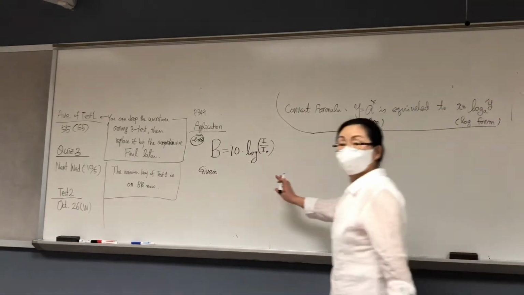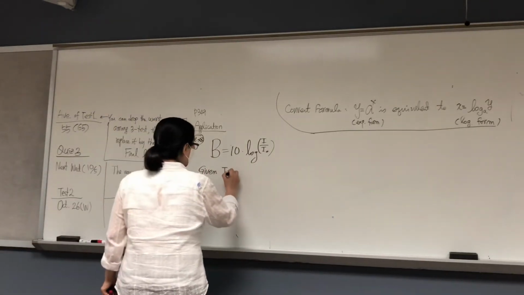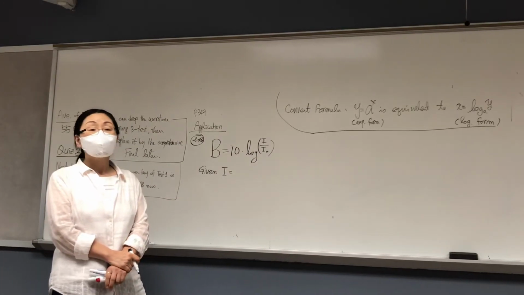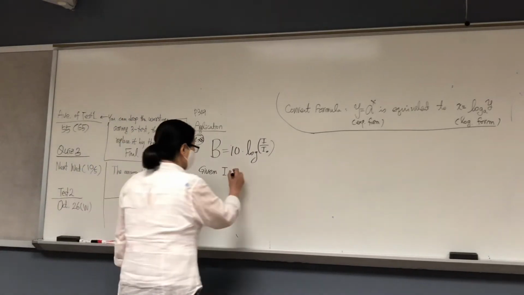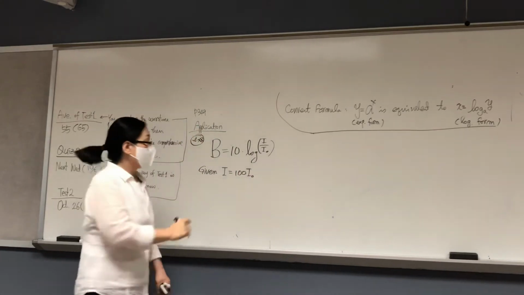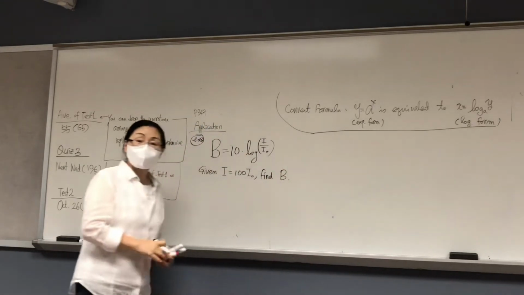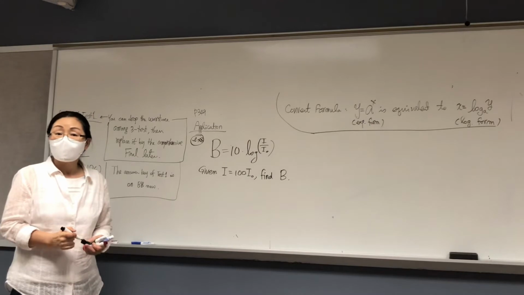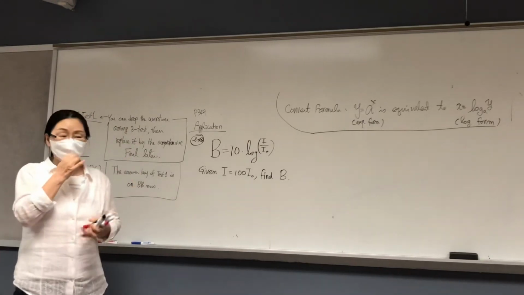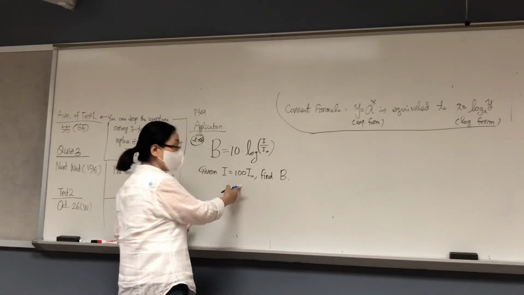So what is I? You have I0, but I is 100 I0. Very good. And then find the decibel B. This is the question. You should understand the question first. If not, you never go anywhere. So we know I can be written using I0.